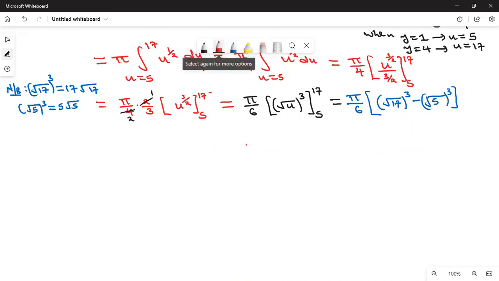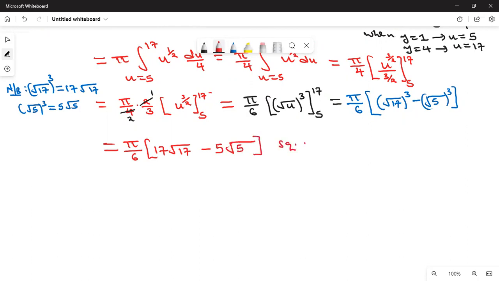So therefore, our surface area will now be pi over 6 times (17 root 17 minus 5 root 5) square units. So that's how to find the area of that surface.